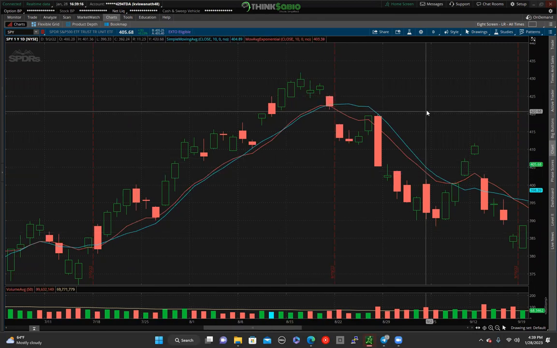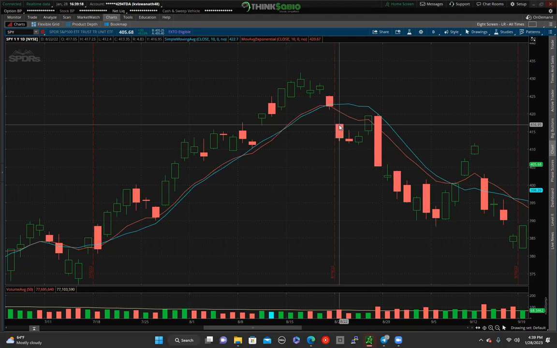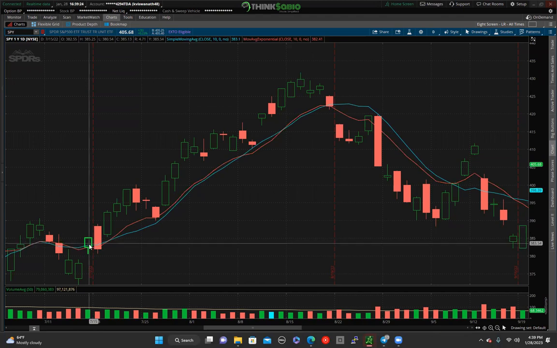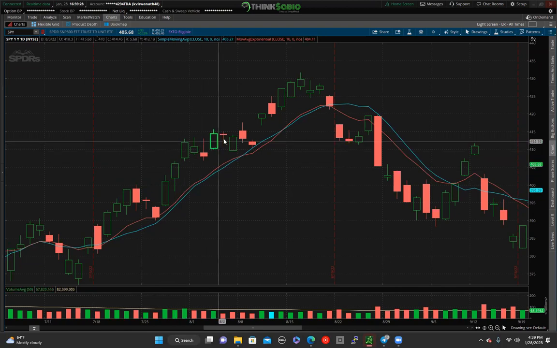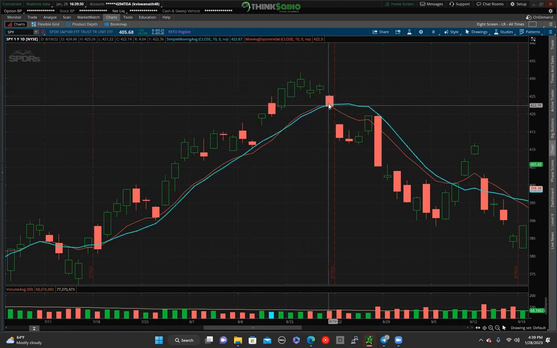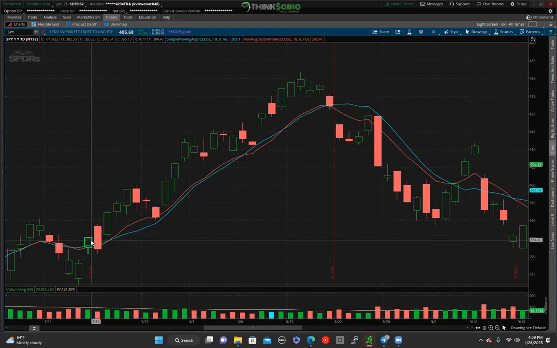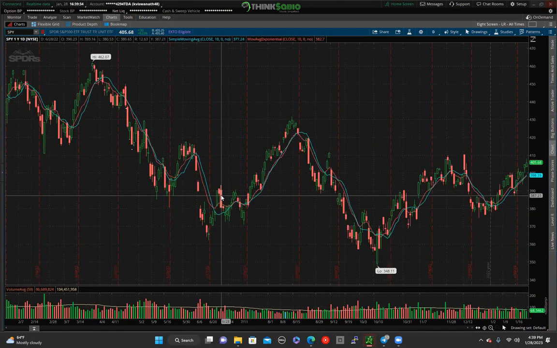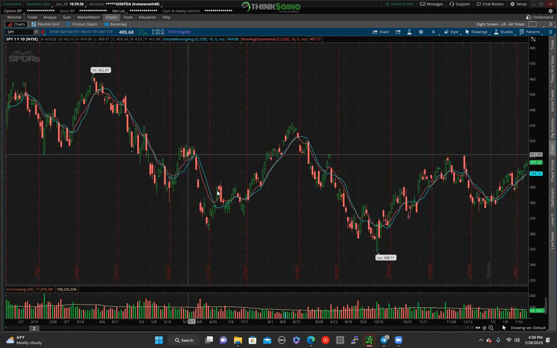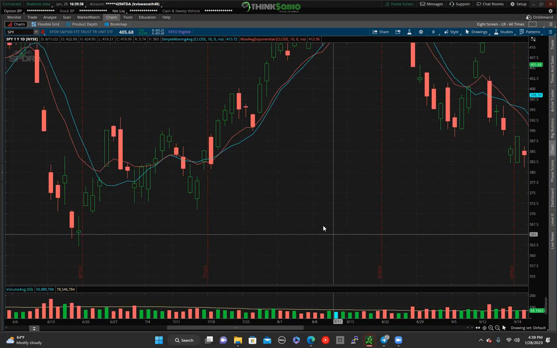Some people simply use the moving averages as their stop loss, right? For example, if the price cuts the 10-day simple moving average or exponential moving average, they will wait for the price to close below that moving average. Until then, they will trade it, right? For example, if you see here, and I'll also tell why it wouldn't work.